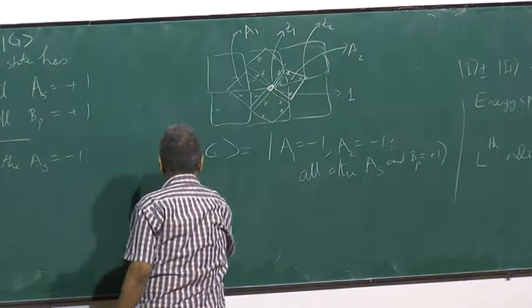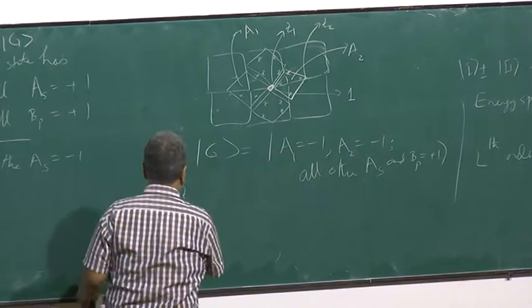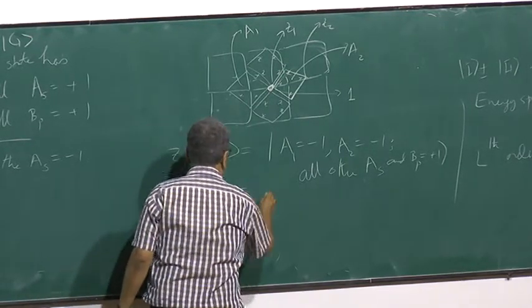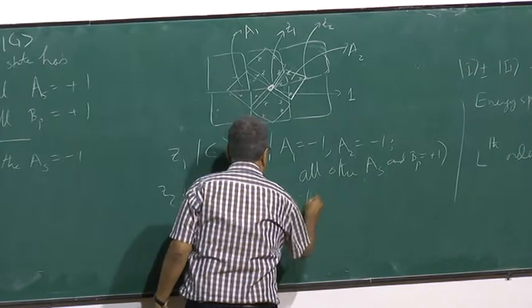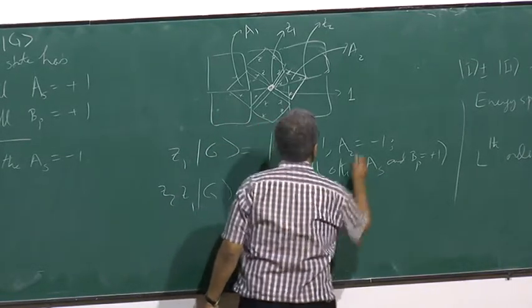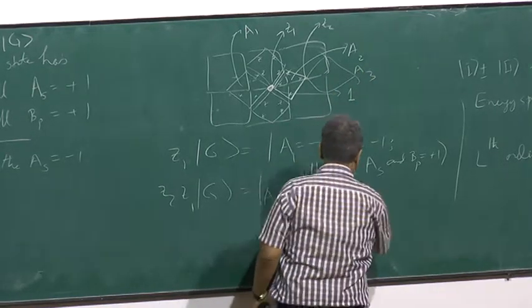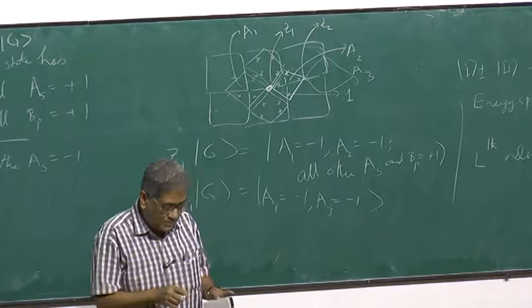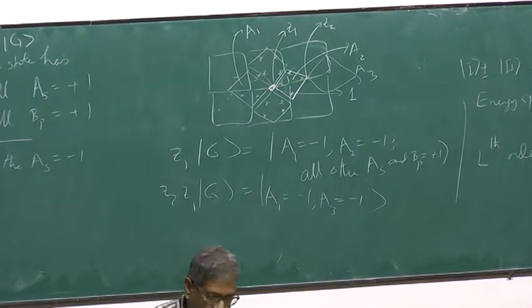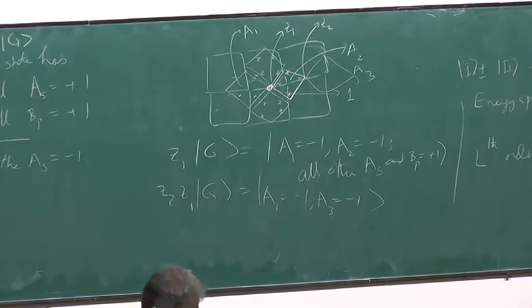If I act with z 1 and z 2, they commute, so it does not matter which order. Now you will have a 1 is -1, a 3 will be -1, and all the rest will be fine. So you have separated these 2 squares a little bit, but you still have 2 of them.